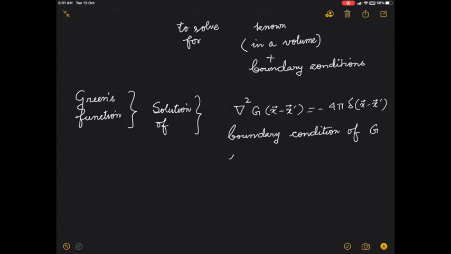And as we have seen, the boundary condition for G is chosen according to our convenience.